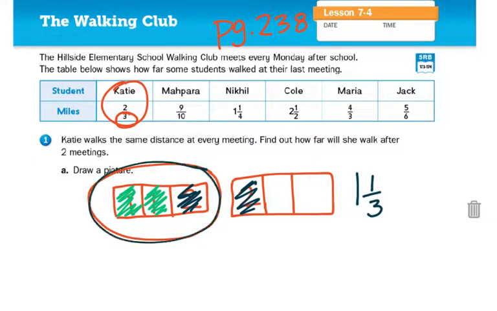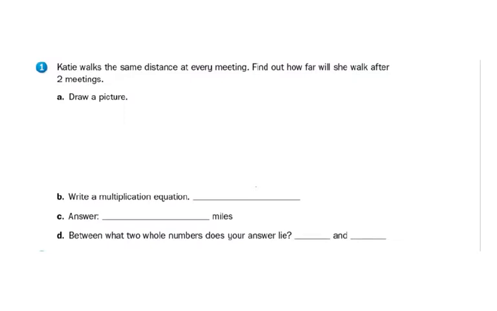So 1 whole mile plus 1/3 of the next mile. Let's go ahead and write that as a multiplication equation. In letter B, we would say 2 days times 2/3 each day equals, and we said that equaled 1 and 1/3.